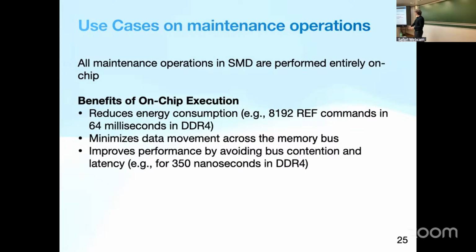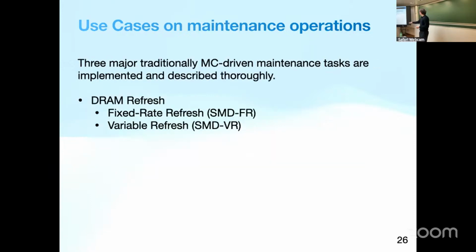For example, in DDR4, within 64 milliseconds, 8,192 refresh commands would normally be sent. This will not happen within SMD. This means that data movement is minimized across memory buses, and this therefore also improves performance by avoiding any contention and latency introduced by sending commands.